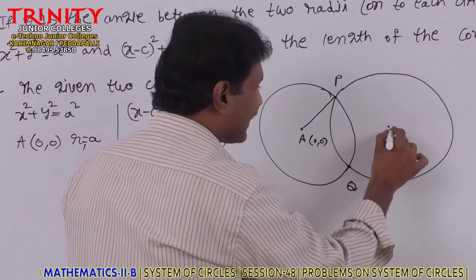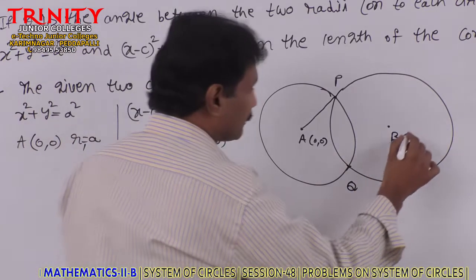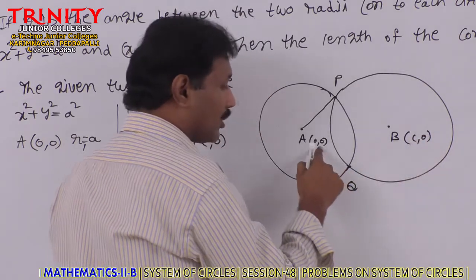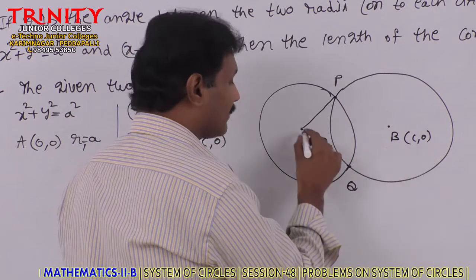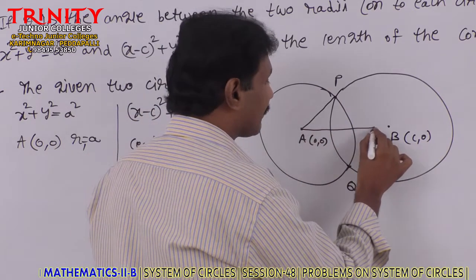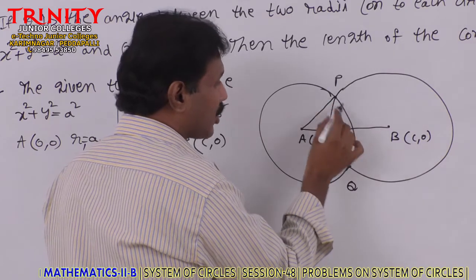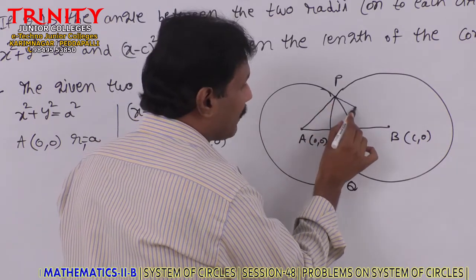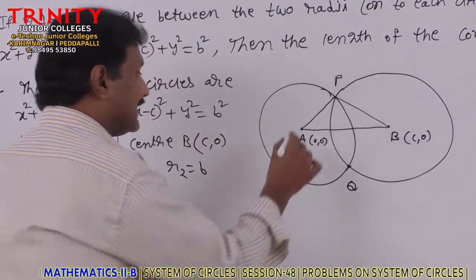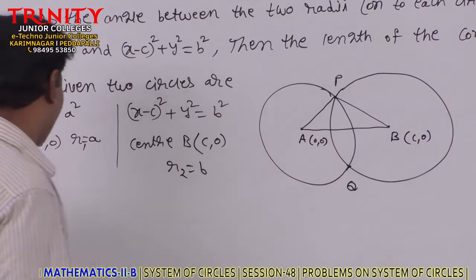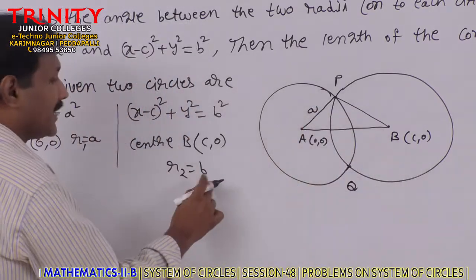The second center is named B, (c, 0). Both points have y coordinates 0, so they lie on the x-axis. Joining AB, and joining the point of intersection P to B, this is radius R2. This is radius R1. Radius R1 is a. Radius R2 is b.